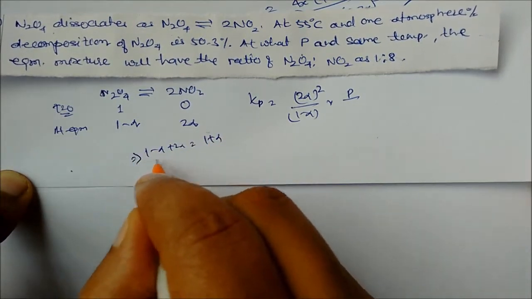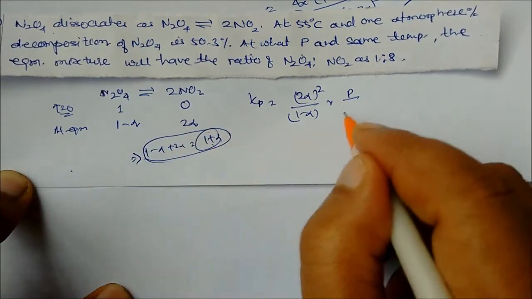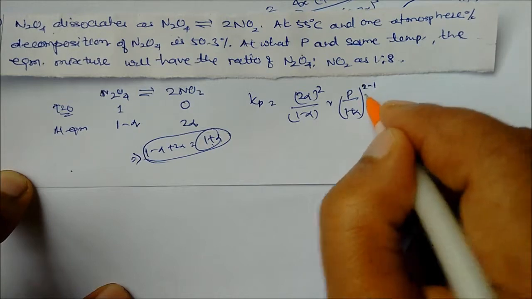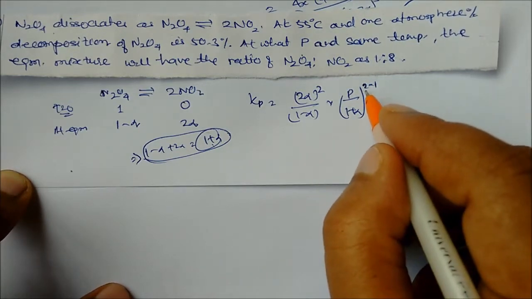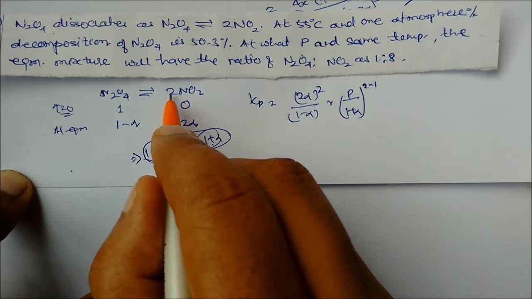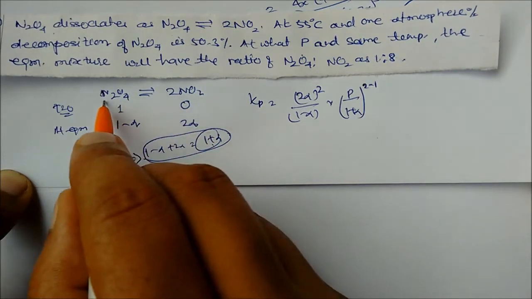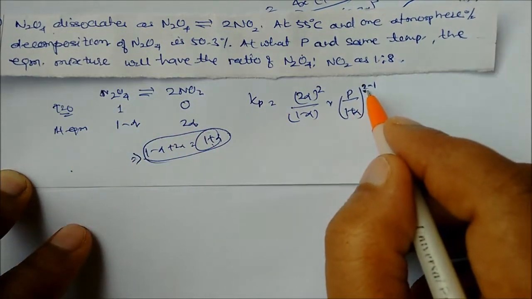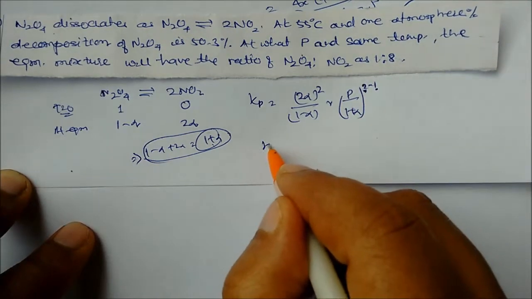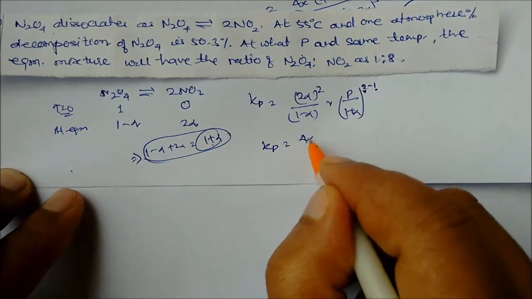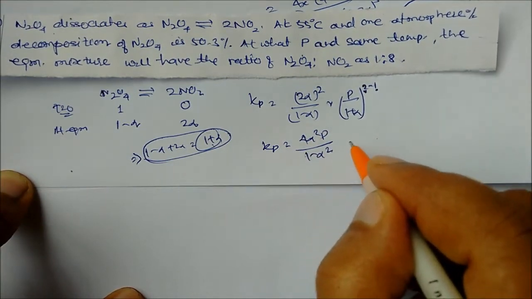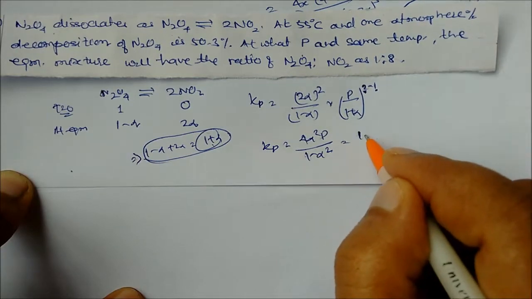The power is the change in moles, the moles of product minus the moles of reactant, 2 minus 1. So on solving we will get Kp equal to 4 alpha square P divided by 1 minus alpha square.